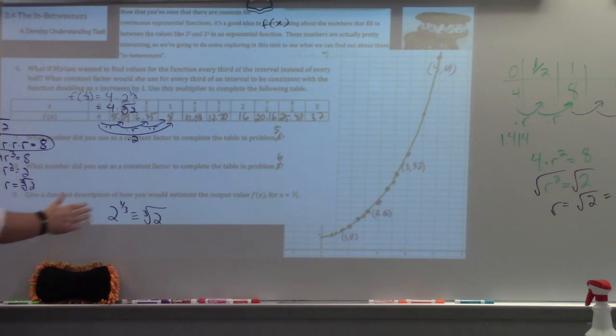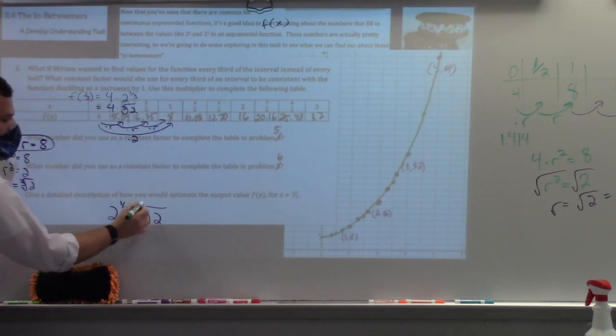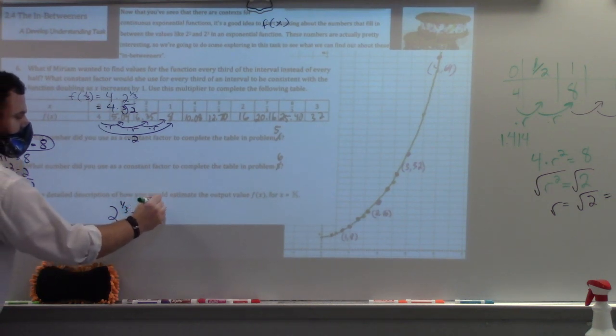So how are the numbers from this exponent showing up in this radical? Where's this 3 showing up? Cube and the root, right? It tells me which root to deal with. So this is called the index.